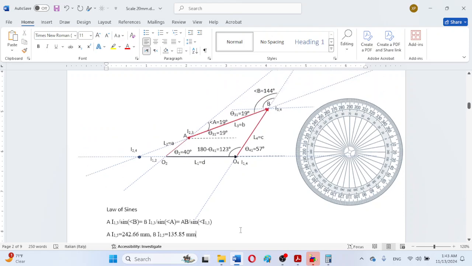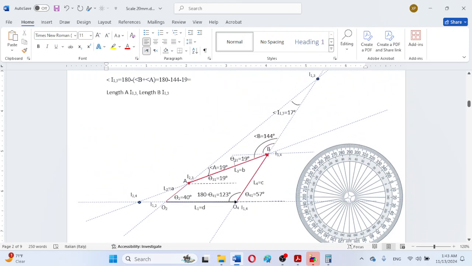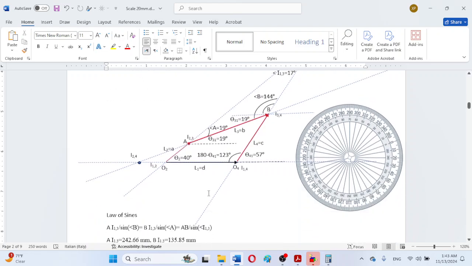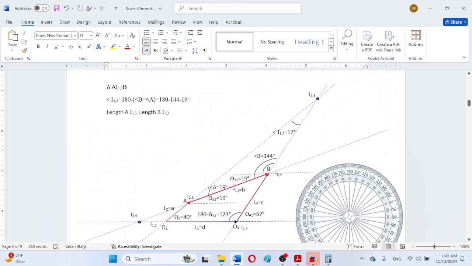So in this way, we can observe that this complete triangle of the instant center has been calculated. After that we will be determining the angular velocity of this link AB, which is in complex motion.